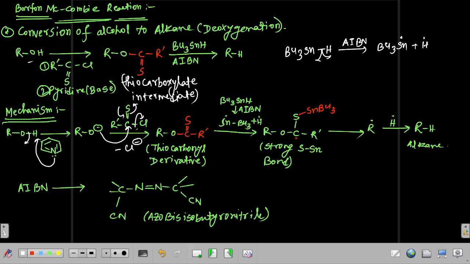So this tributyl tin radical will react with this sulfur, and it leads to the formation of this radical, because this step is possible because of the formation of this strong sulfur and tin bond. This is the strongest bond. That's why this step goes forward.